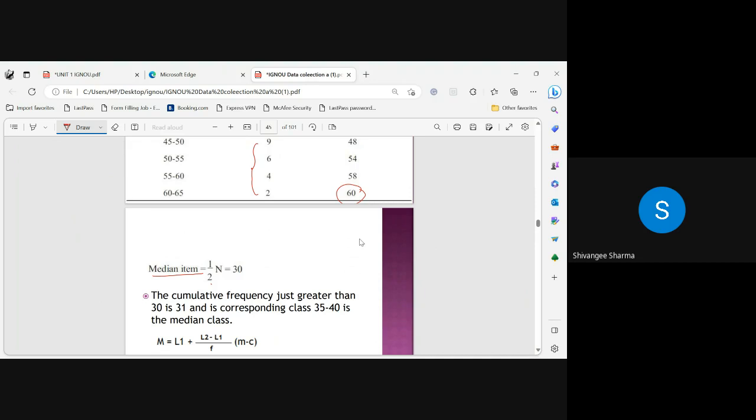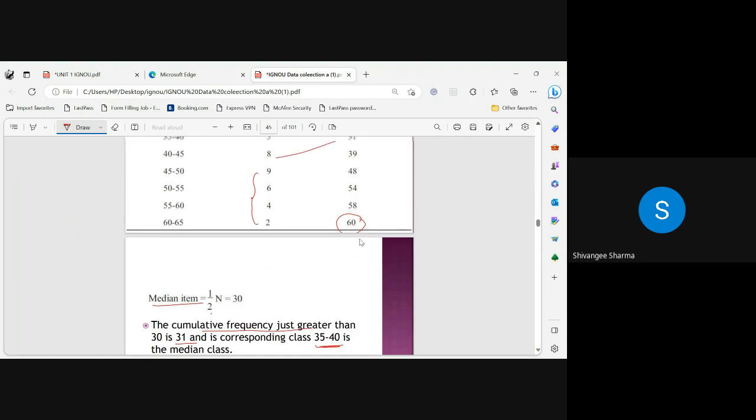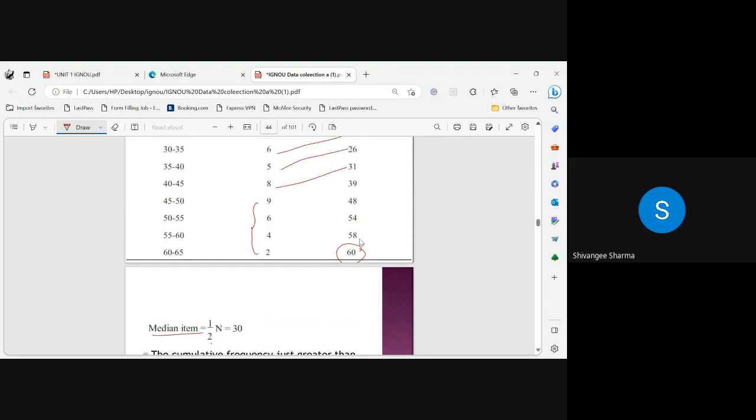Now you find the cumulative frequency just greater than 30, which is 31, and it corresponds to the class 35 to 40. So 30 will come in this category and your median class will become 35 to 40. This will become your median class, right?